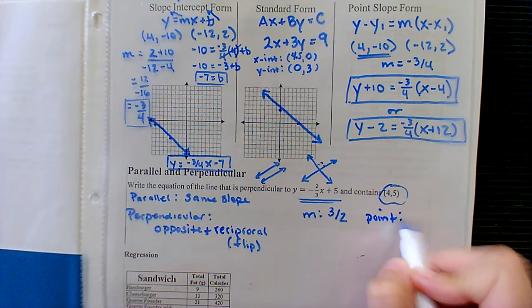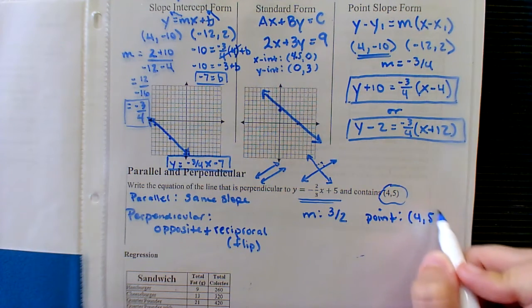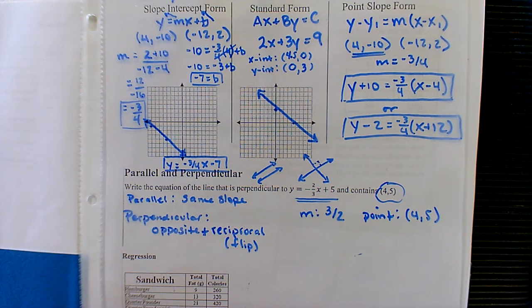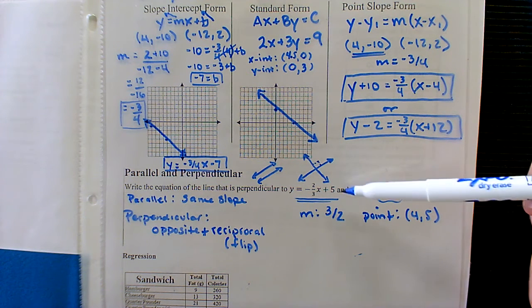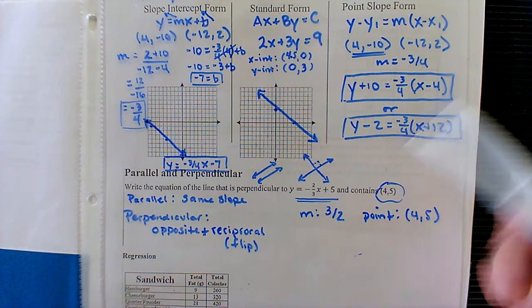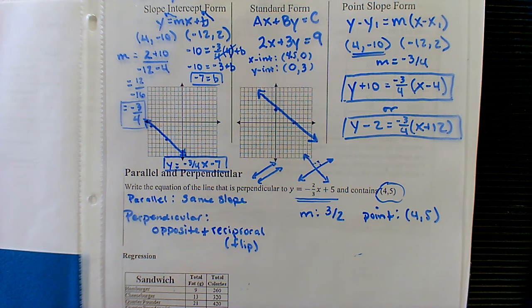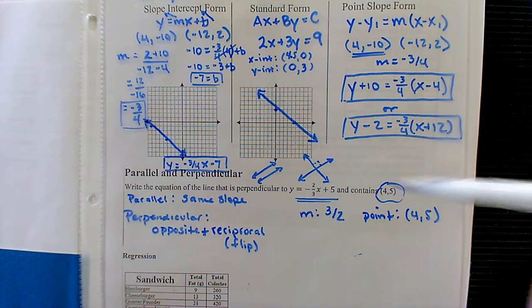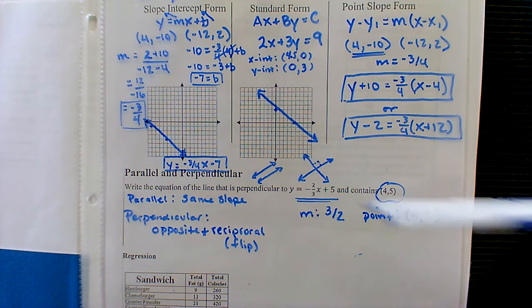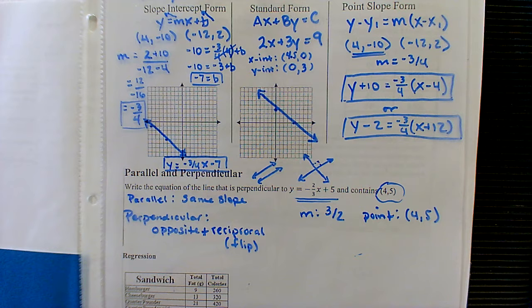We also need the point in our new equation, that 4, 5. Now what I've seen in the past is some kids get tripped up on this +5, that b value on the end. That's kind of insignificant to this particular problem, because the only thing you really need to analyze is that slope, because they gave you the word perpendicular. So don't get tripped up on that number 5. I know it's a part of the problem, but it's not significant.